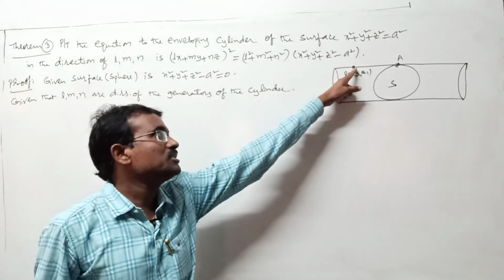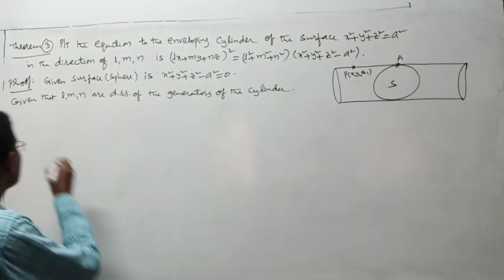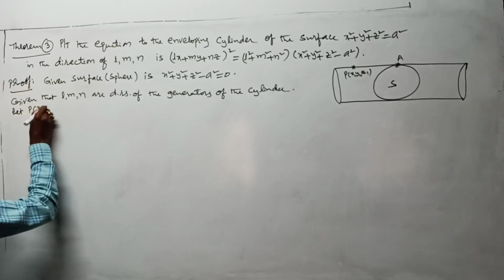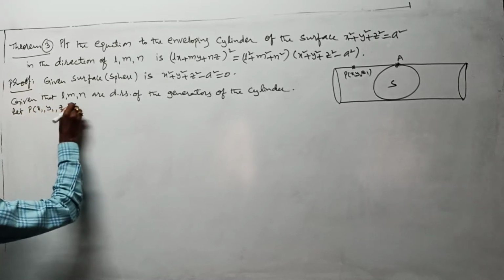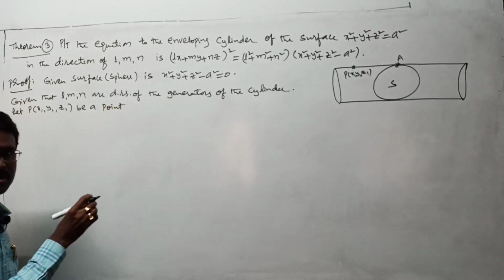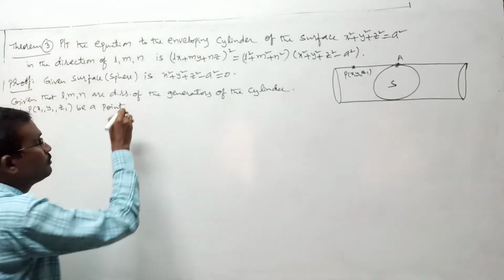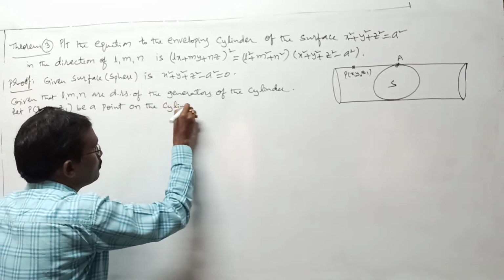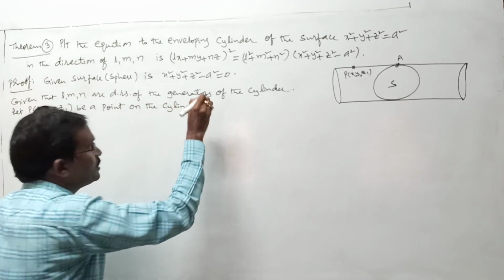Now take P as a point on the cylinder. Let P(x1, y1, z1) be a point on the cylinder.